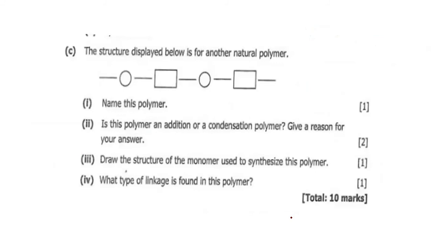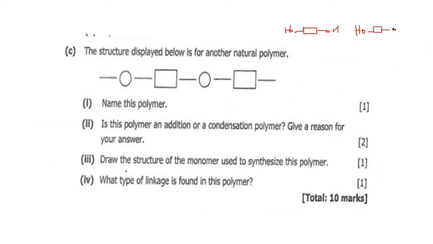The structure displayed below is another natural polymer. When you look at this one, it is a carbohydrate. How do I know? Because a carbohydrate, we said, has something like this. Let me just remind people. Here we have an HO, and on this side we also have OH. Then it is reacting with another one which is similar.